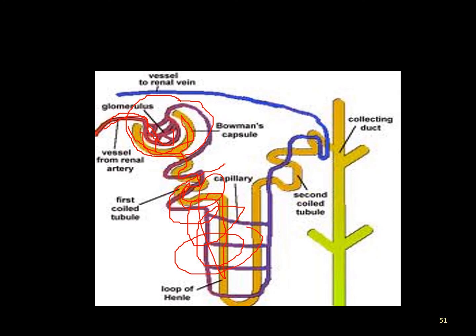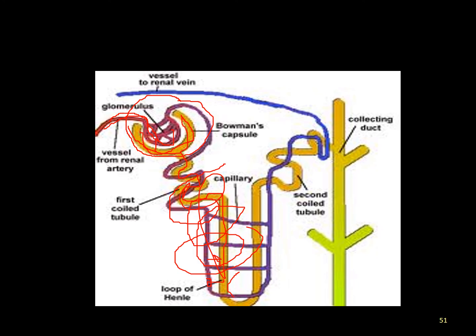So what's happening here is both tubular secretion and tubular reabsorption. Secretion is when stuff is secreted from the blood vessel into the nephron. And reabsorption then is when the stuff that your body wants back comes out of the filtrate, out of the nephron, and back into the blood vessel.